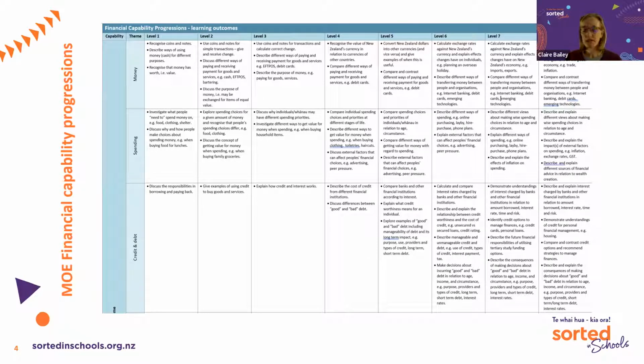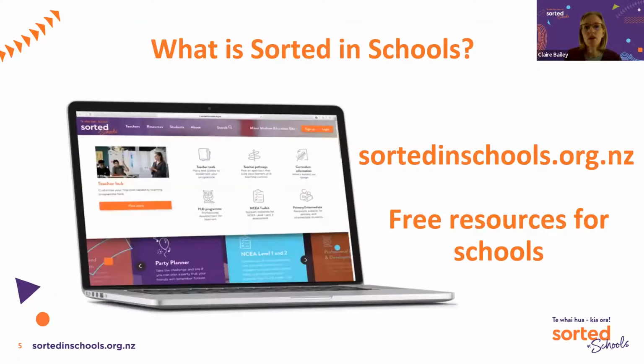They should be able to discuss external factors that can affect people's financial choices, such as advertising and peer pressure. And we know this is an important one for young people. They should also be able to describe the cost of credit from different financial institutions and discuss differences between good and bad debt.